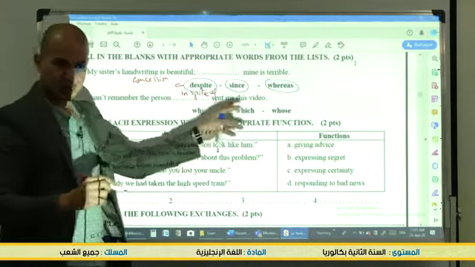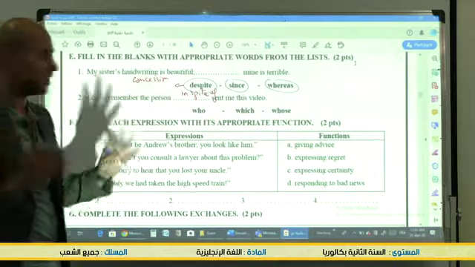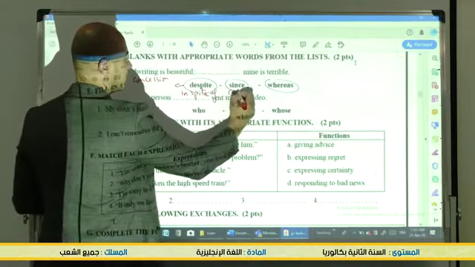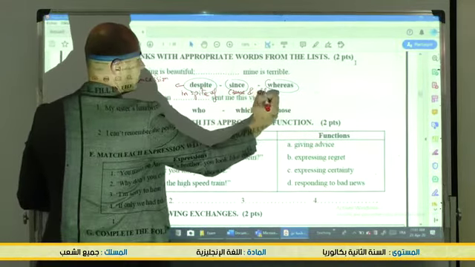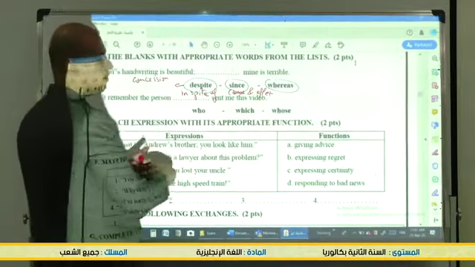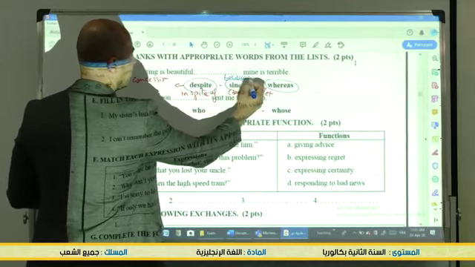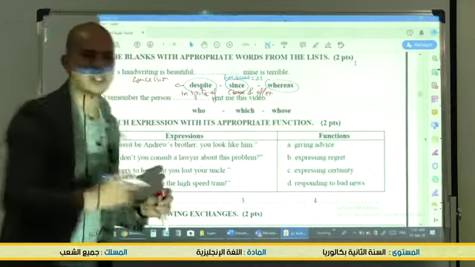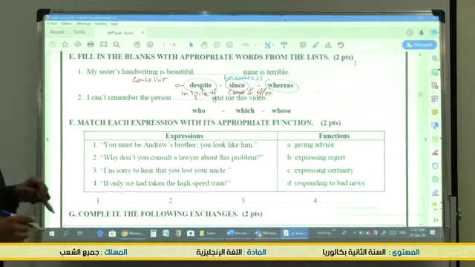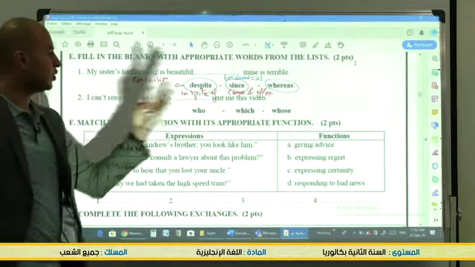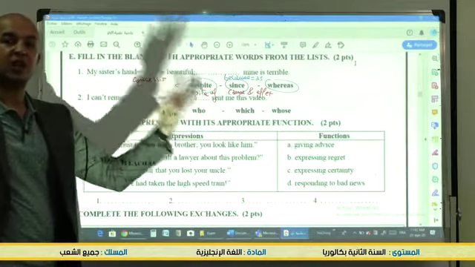Since expresses what? It expresses cause and effect. It's a synonym of simply because or as. We can say as or because. And whereas we use when we have contrast.